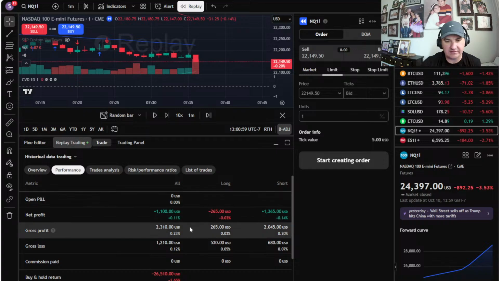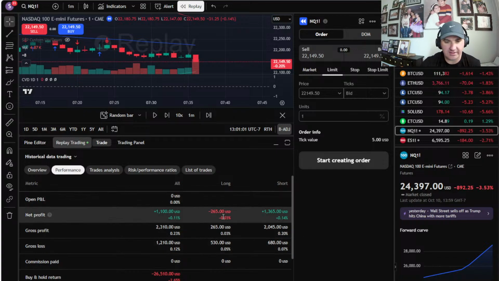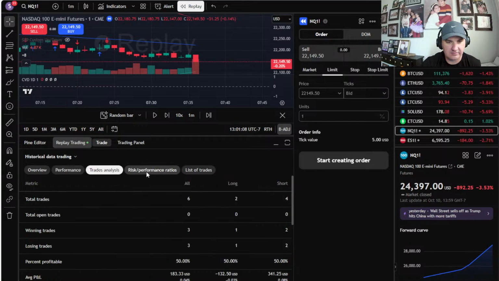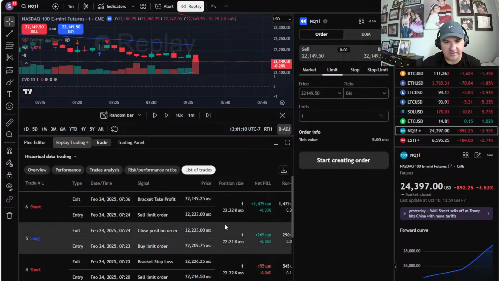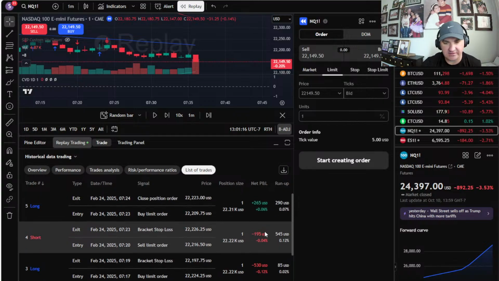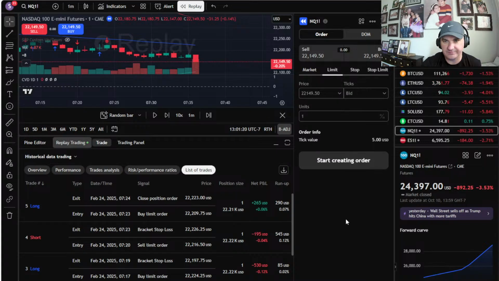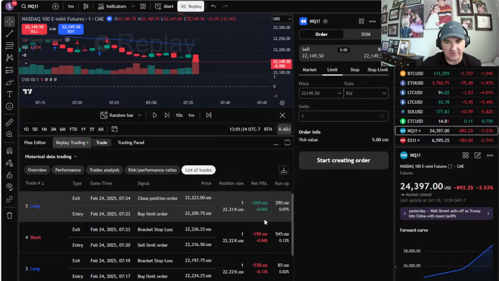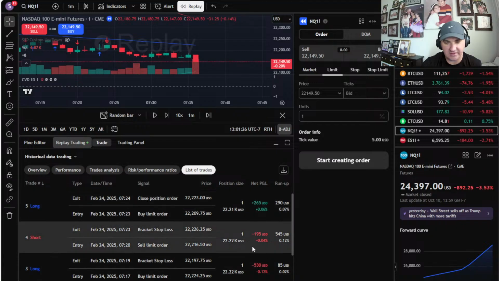But yeah, even with some drawdown and some losing trades, in the list of trades you can see, yeah, $1,400 winner. This long was an accidental winner, but this was me still getting used to this TradingView market replay, creating orders, confirming the creation.